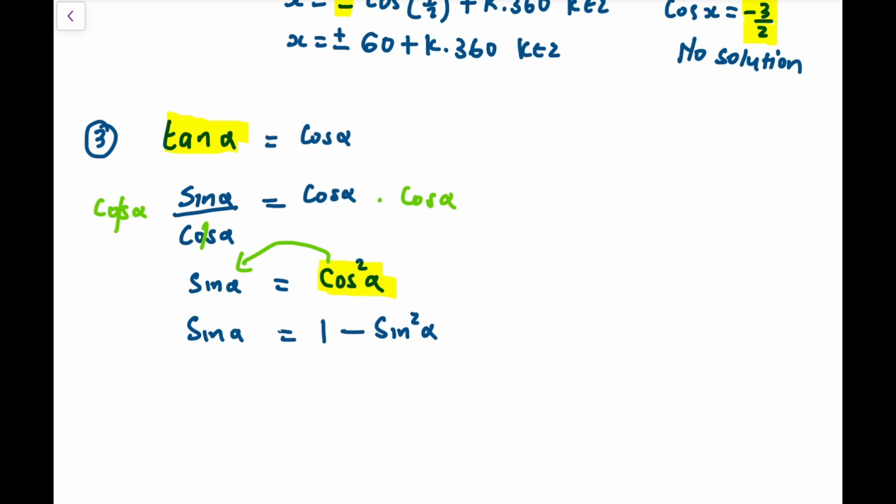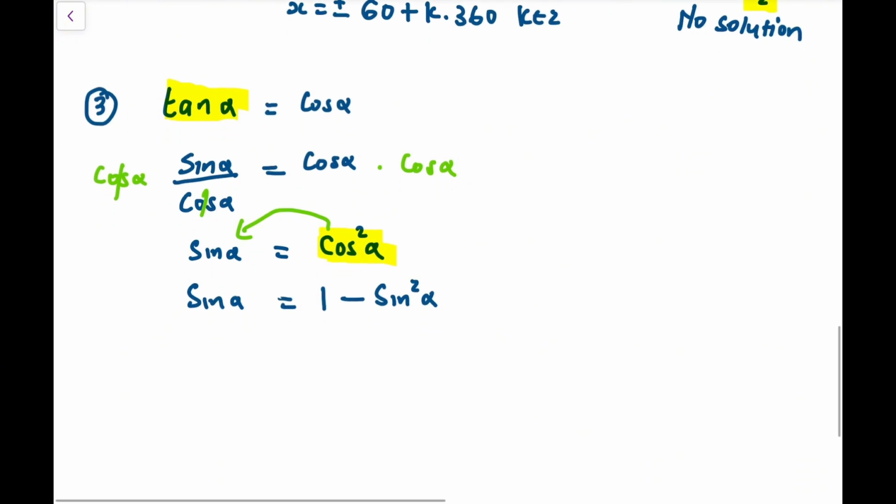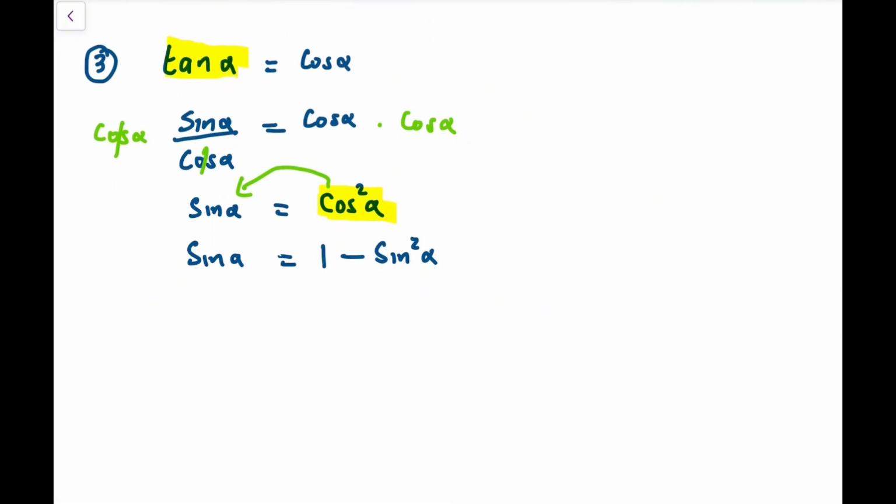I am going to take everything to the left. So if I take everything to the left, I am going to have a positive sine squared alpha plus sine alpha minus 1 is equal to 0. So this is the same as x squared plus x minus 1 is equal to 0.